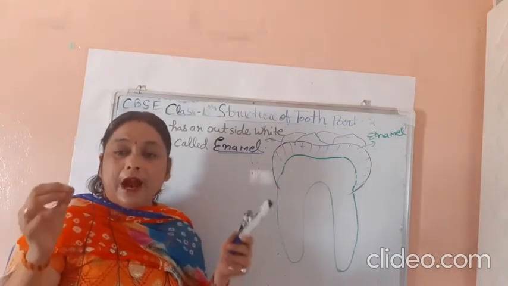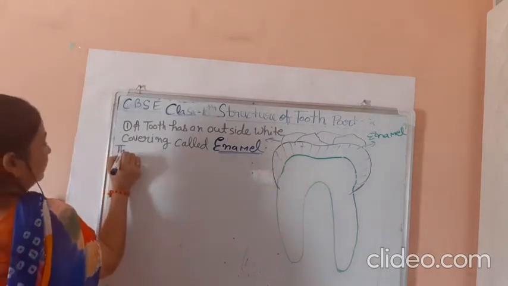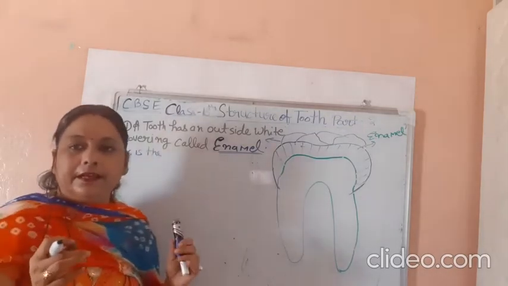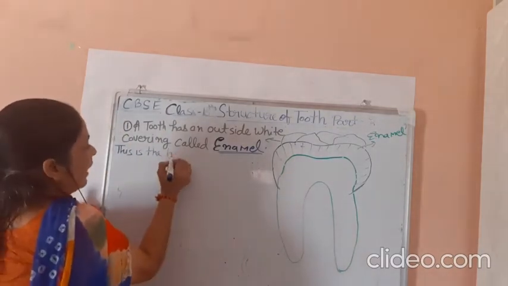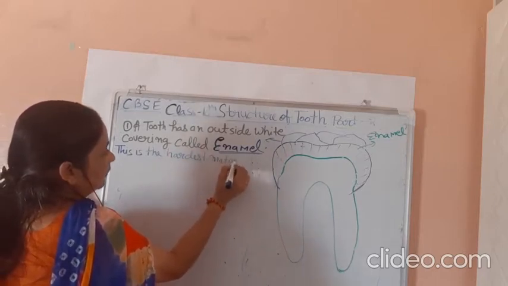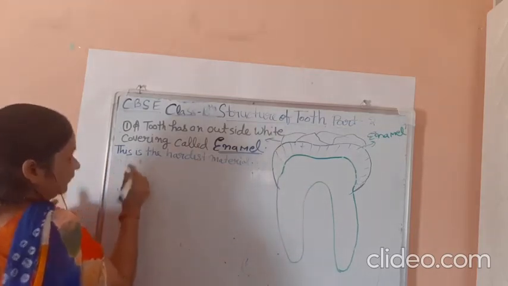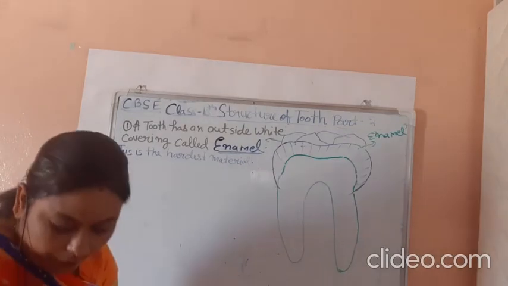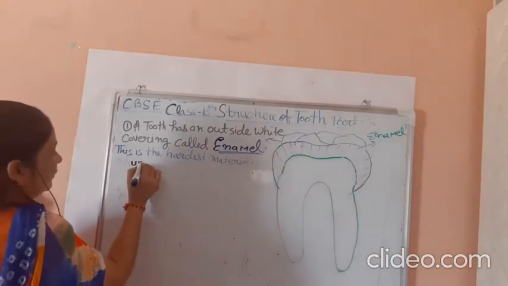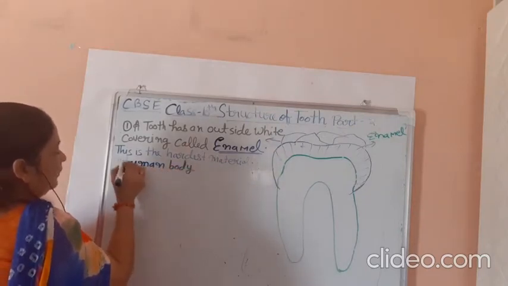Enamel is the hardest material in the human body.